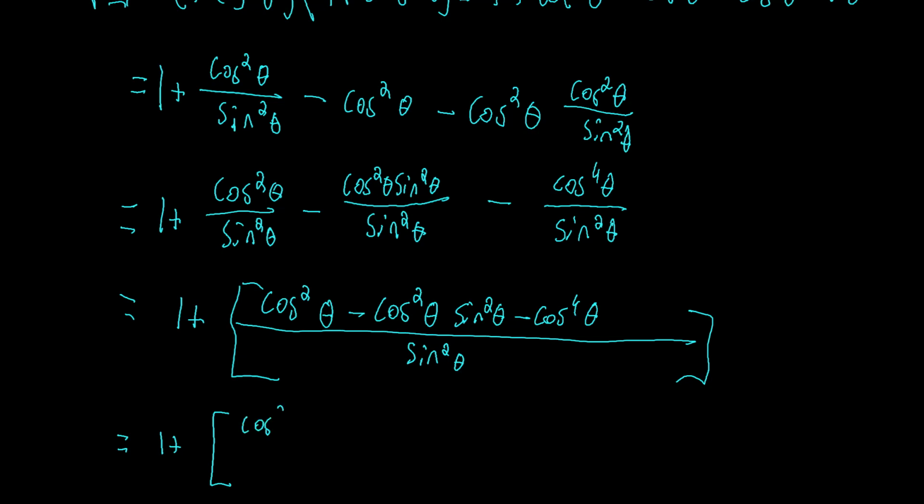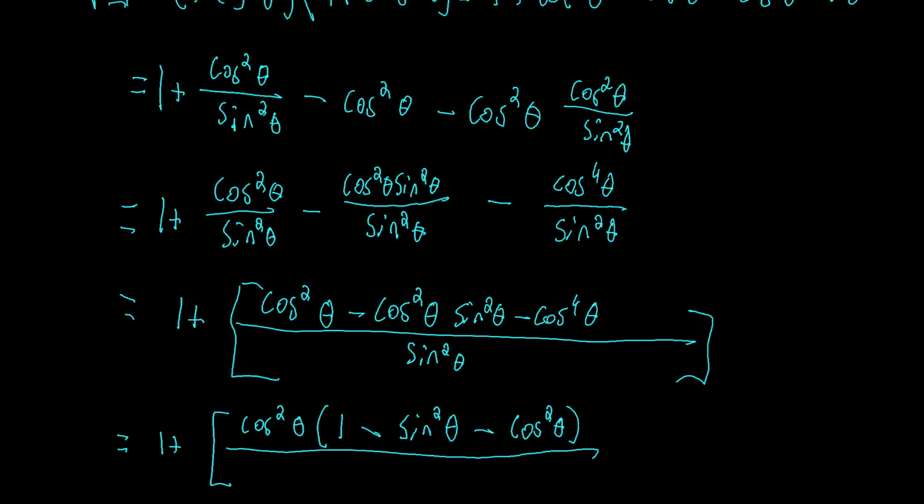So this is going to be cosine squared theta times 1. If you factor out cosine squared from cosine squared, you get 1. Minus, we pulled out the cosine squared, so there's just a sine squared left. Minus, we pulled a cosine squared out of a cosine to the fourth, so there's a cosine squared left here. Okay, and there's a very easy identity here that we can use that'll immediately solve this for us.